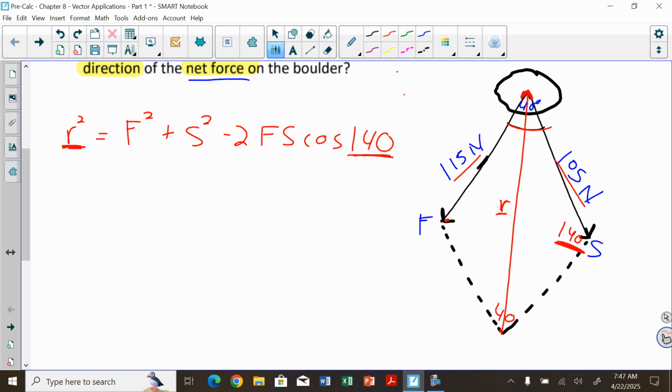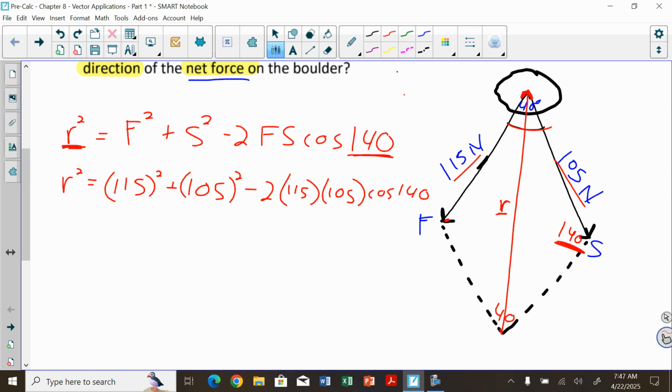So really now we're going to go r squared equals 115 squared plus 105 squared minus 2 times 115 times 105 times the cosine of 140. Okay, so now it's just calculating.